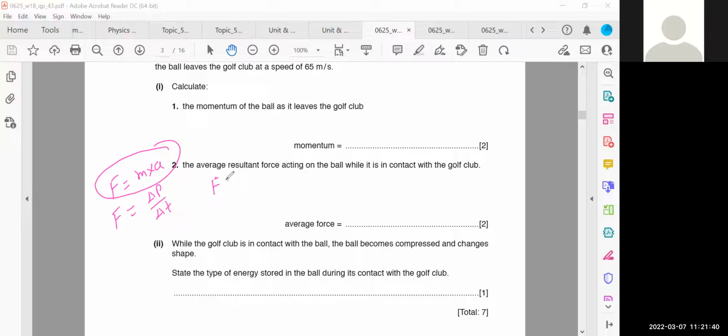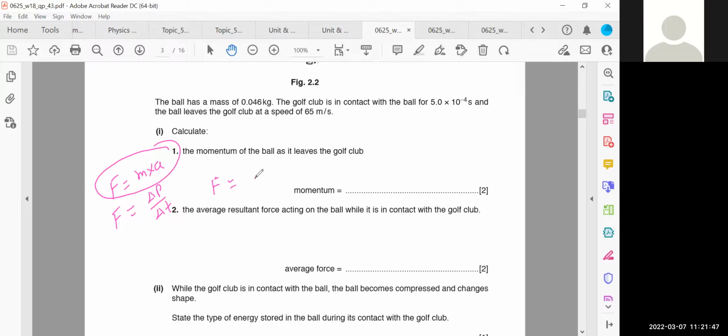Average force is equal to mass, which is given, 0.046 multiplied by acceleration. Direct acceleration is not given, but you can calculate the acceleration by the equation change in velocity upon time taken. Then in the next step, 0.046 multiplied by v minus u, the difference in the velocity.